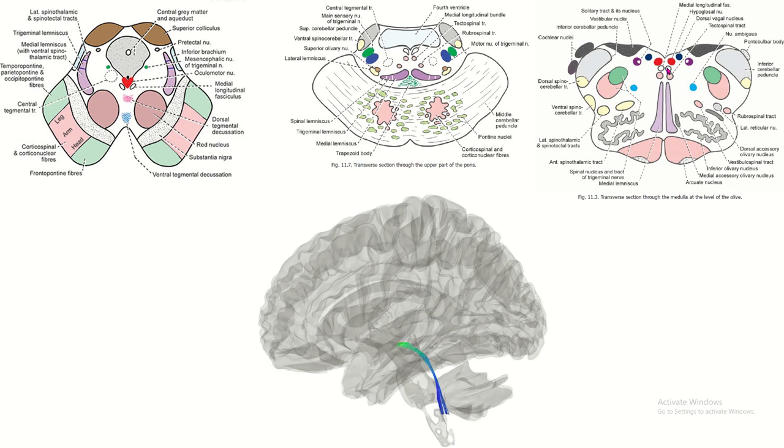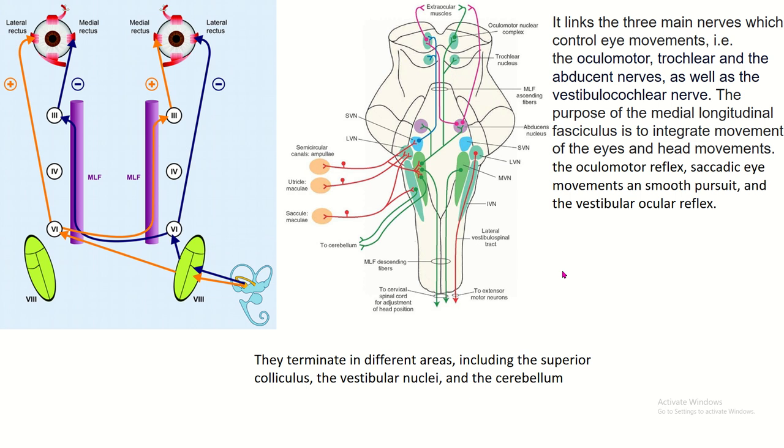It links three nuclei which control eye movement: oculomotor nuclei, trochlear nuclei, and abducens nuclei. And these nuclei are connected with the vestibulocochlear nuclei. So this is the ascending fiber of the medial longitudinal fasciculus, and this is the descending fiber of the medial longitudinal fasciculus.